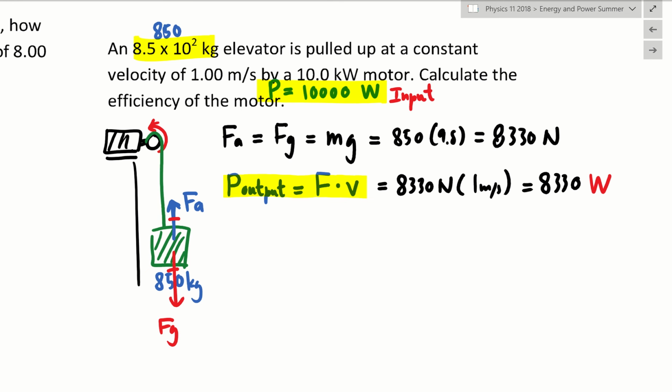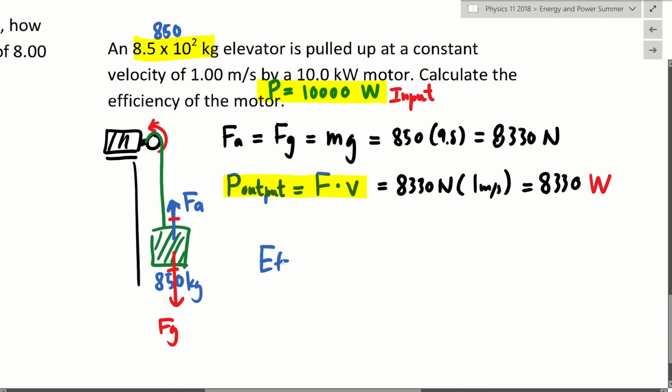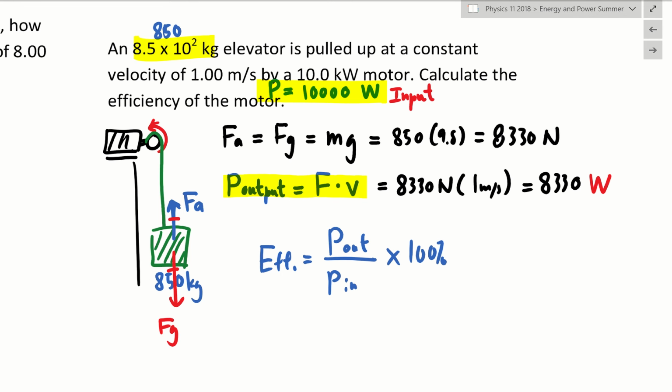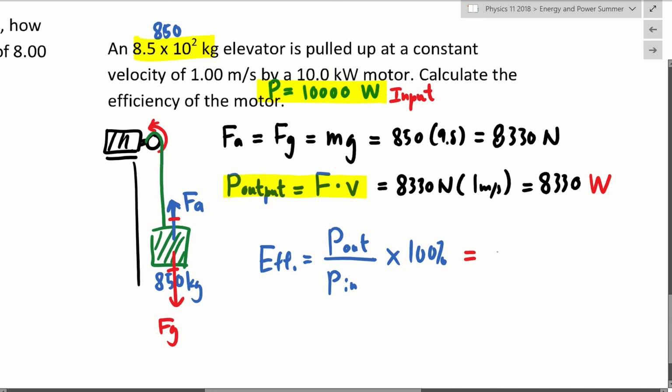So the efficiency is always output over input. In this case, power output over power input, times 100%. You can check my calculation, but I'm just going to write down the answer. It's about 83.3%. Okay, there we go.